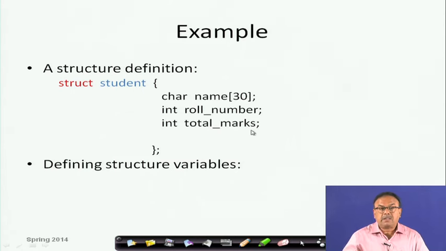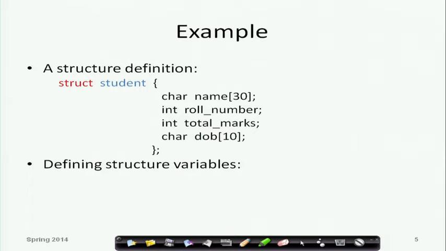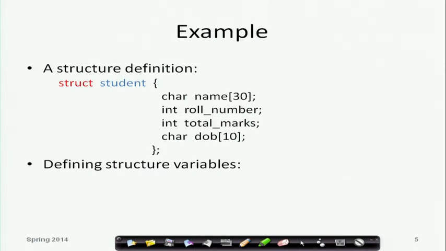Again, total marks can be an integer, and date of birth can be a character array, because the date of birth can be, say, 10 Jan 2010. So it can be a character array. This is how a structure is defined, all right.